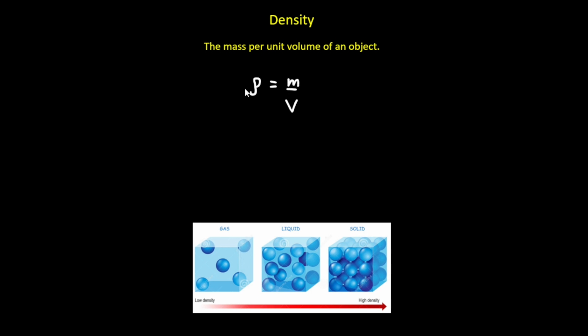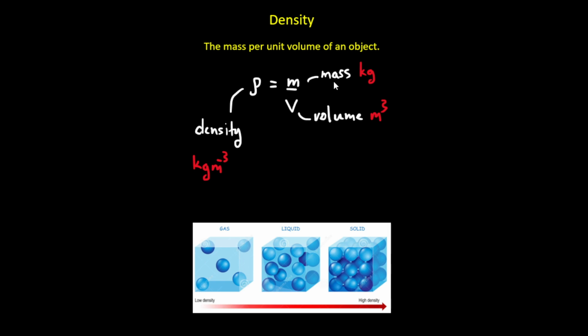Here, rho refers to your density, m refers to your mass, and v refers to your volume. The density's unit can be different, according to the unit of mass and volume. For example, if your mass is in kilograms and volume is in meter cubed, then your density would be kilograms per meter cubed.